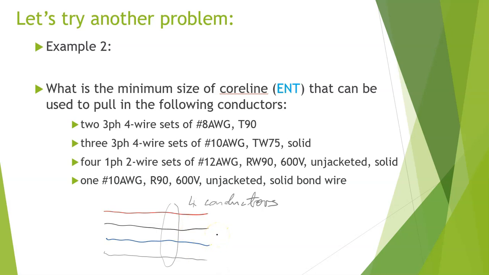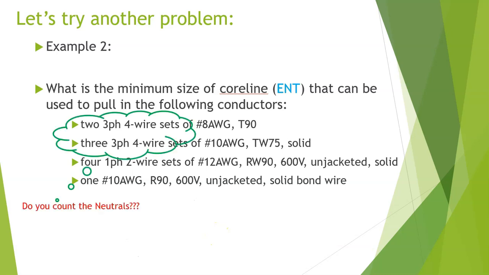Because we have true neutrals involved, sometimes people get confused and start saying, well, I don't have to count the neutrals for a pipe fill question. Well, that's absolutely incorrect, because we're talking about physical space, not the heating effect of current. So for pipe fill questions, you absolutely count the neutrals.